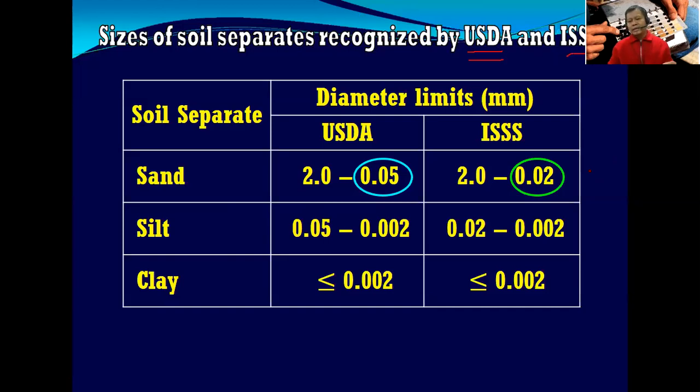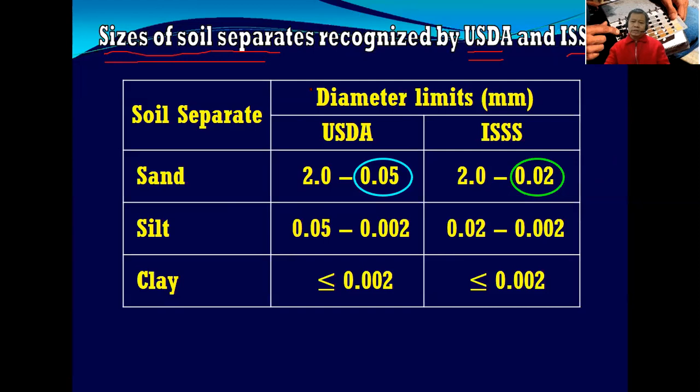In Canada, they have a different classification, and other countries have different classifications, but the most common are the USDA and the ISS. So what are the sizes of the soil separates compared to each other? For example, what is the size of sand, silt, and clay?